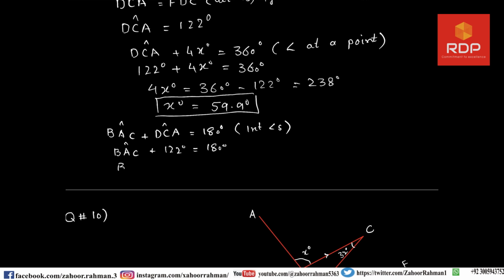So BAC is equal to 180 degrees minus 122 degrees, which is equal to 58 degrees.